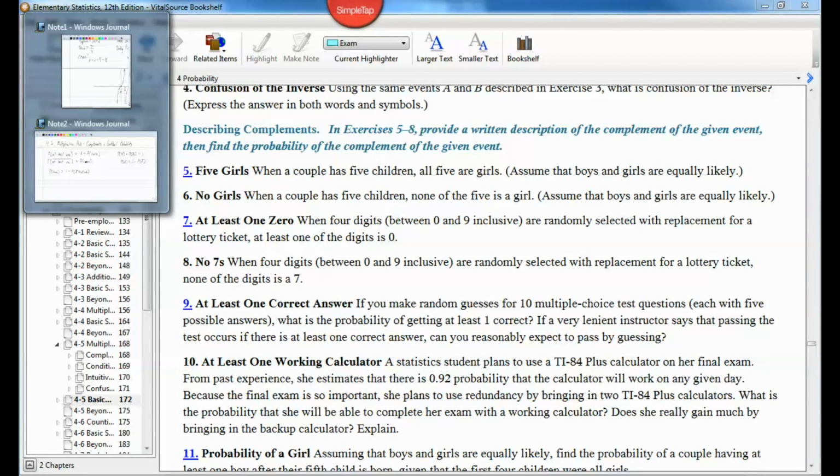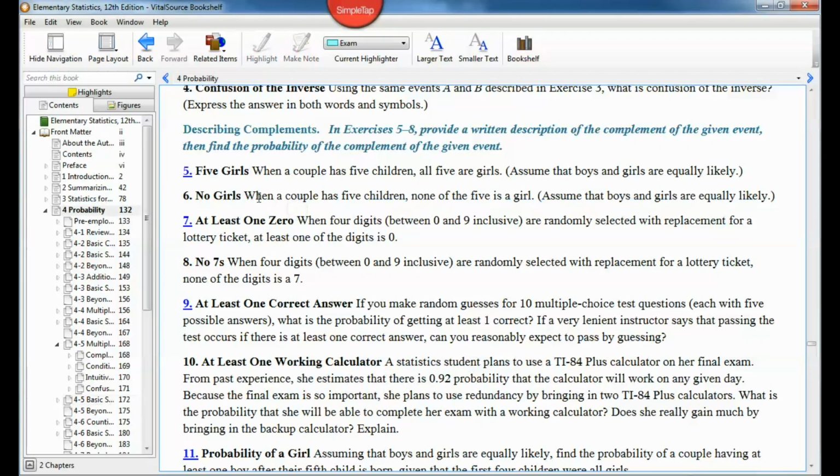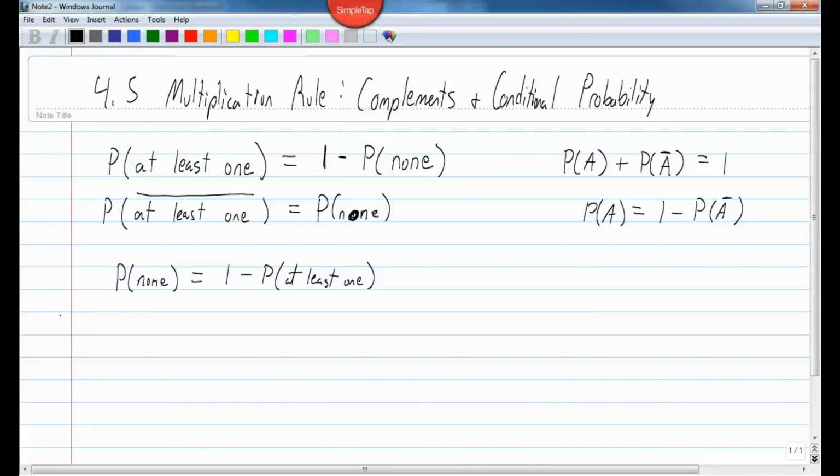So it says, when a couple has 5 children, none of the 5 is a girl. Assume that boys and girls are equally likely. So we want to write the complement of no girls out of 5. So the complement of that, how could we write that out?